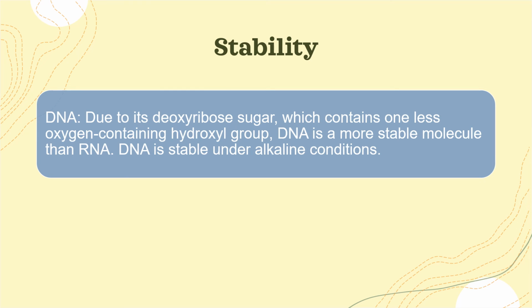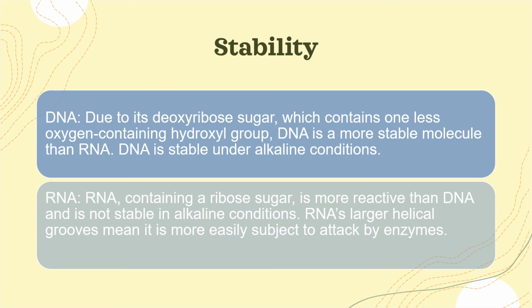DNA is stable under alkaline conditions. RNA, containing a ribose sugar, is more reactive than DNA and is not stable in alkaline conditions. RNA's larger helical grooves mean it is more easily subject to attack by enzymes.